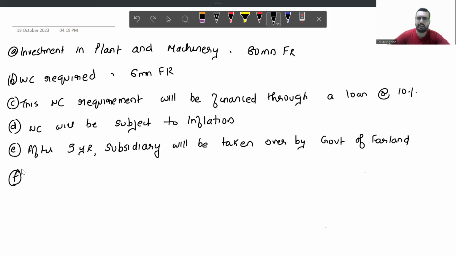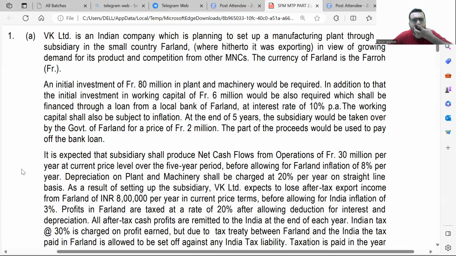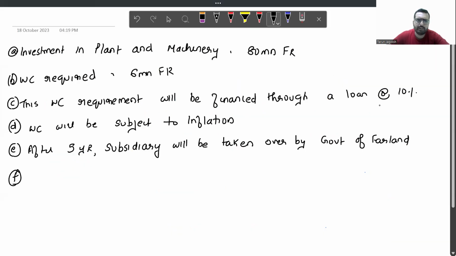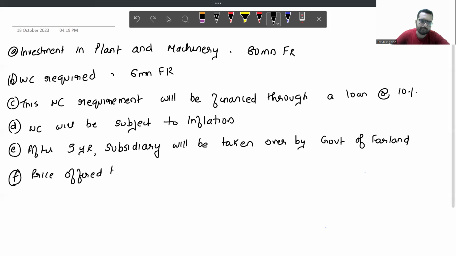So we need to understand every word given over here. Farland, for a price of 2 million. Price offered by government: 2 million FR.